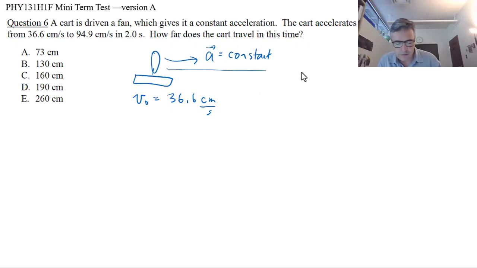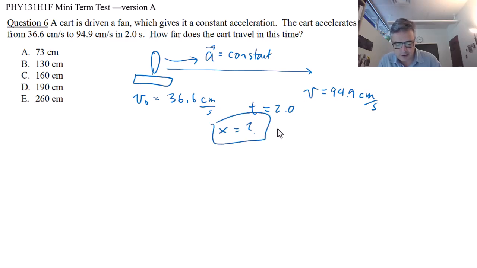To, over here, v final is 94.9 centimeters per second. The time is 2.0 seconds, and it says how far does the cart travel in this time? We need this. And just to make sure this makes sense, since it's speeding up, a is in this direction. It's positive. Okay, so this is pretty straightforward.